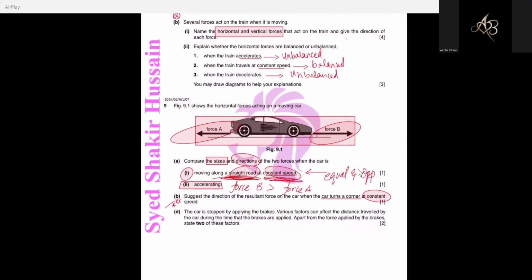What do they mean when they say suggest the direction of the resultant force? Are they just talking about the value? Just tell us not the value, just the direction. Suggest the direction. Give the direction only, not the value.